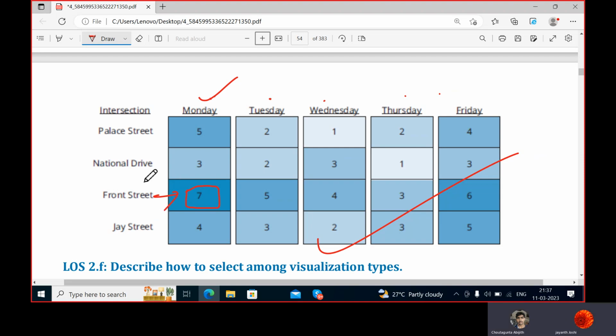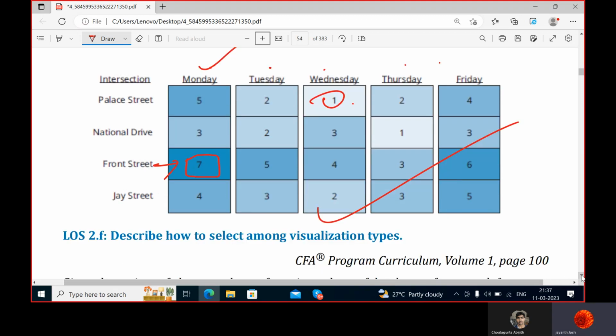So the bigger the frequency, the darker the cell, and the lesser the frequency, the lighter the cell. It shows the intensity. That means where you have to act immediately, like here definitely some steps have to be taken to avoid accidents, correct? Here they still have to work, but that is not that dangerous. This intersection is not that dangerous.